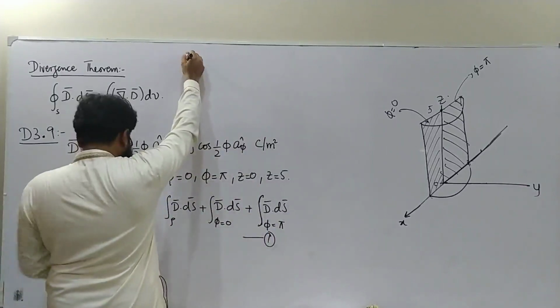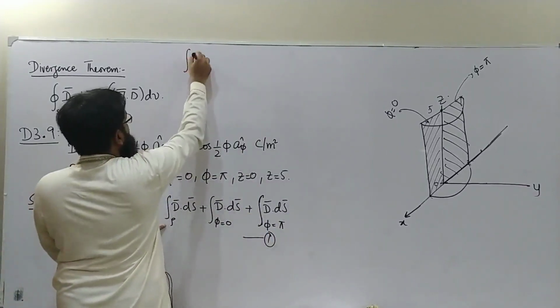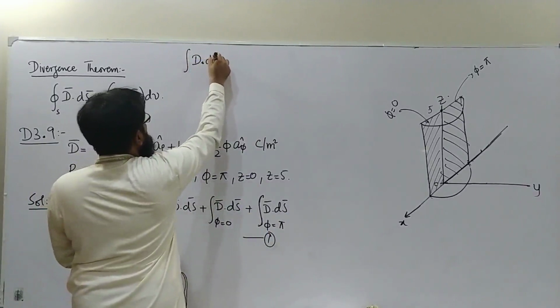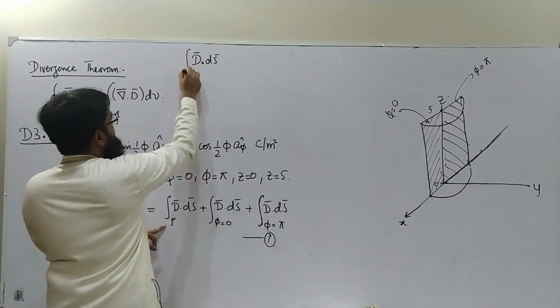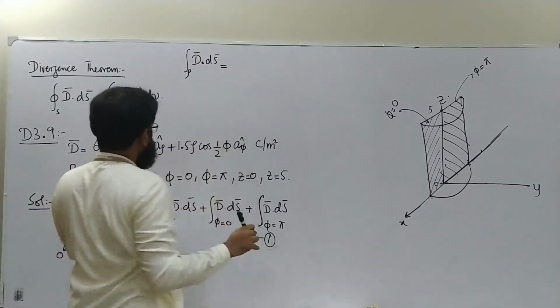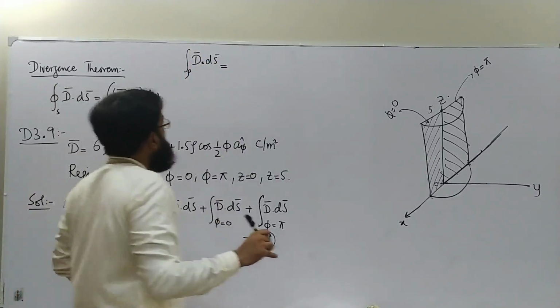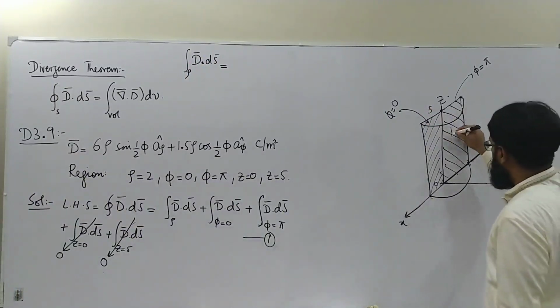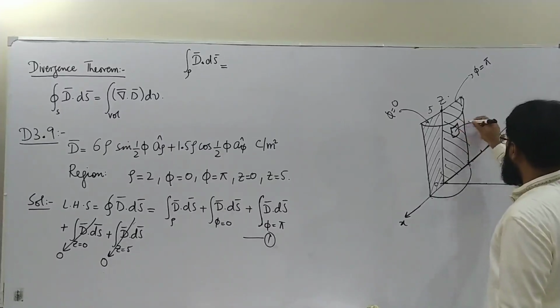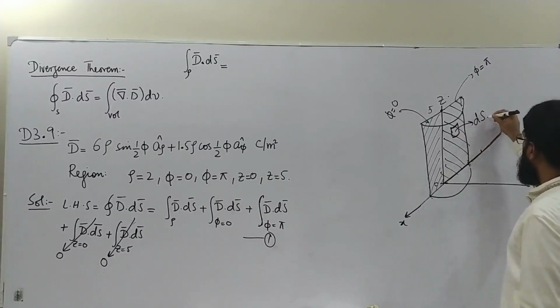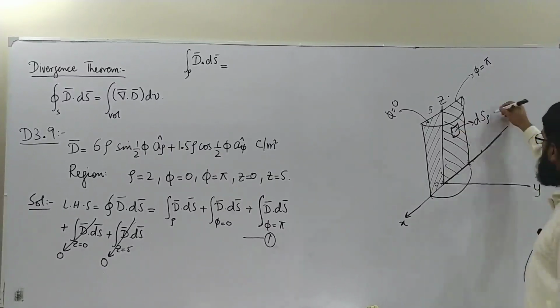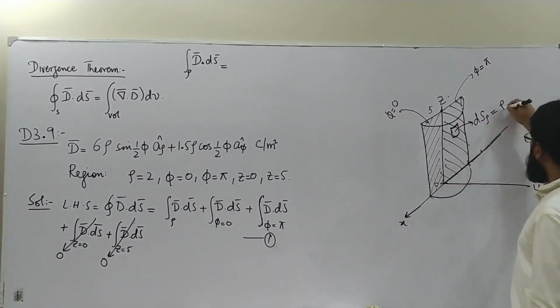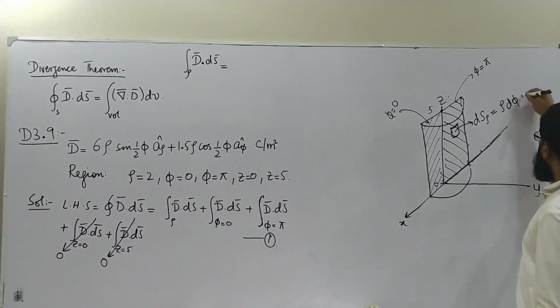So let's try to find this d dot ds for rho. For rho, this is a cylindrical surface, and for a cylindrical surface over which rho is constant, the formula is rho d phi dz a rho.